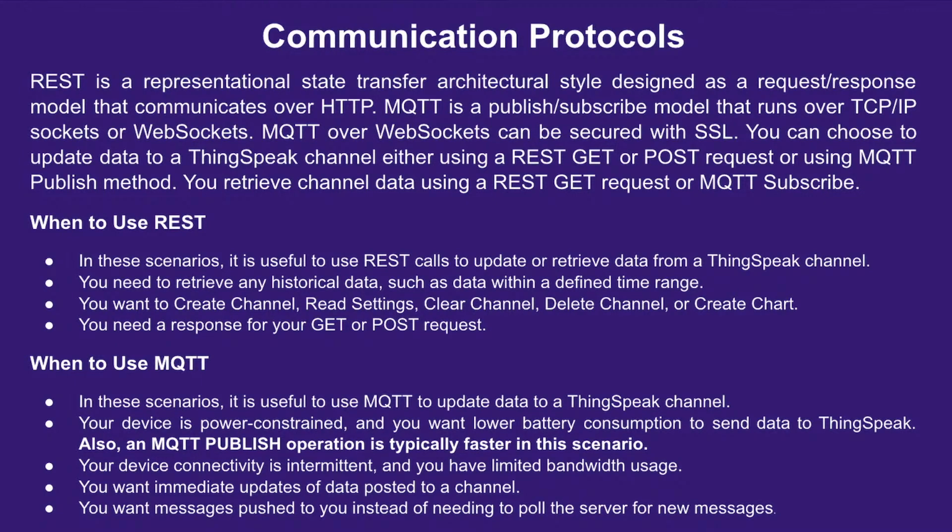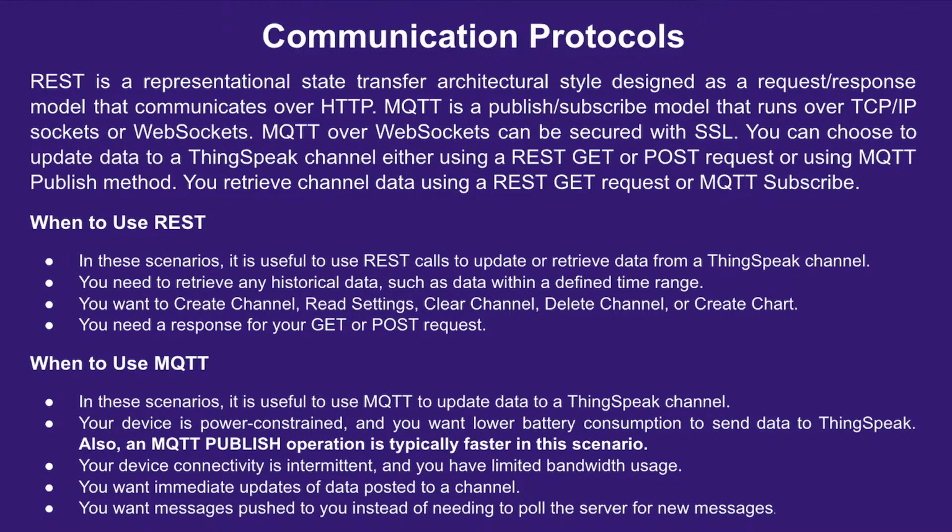This MQTT protocol was specifically developed for IoT devices, and the reason being, with HTTP you are continuously requesting the data from the server and then waiting for the response. So it is a bit slower, and especially when you are writing data, the MQTT publish operation is typically faster.